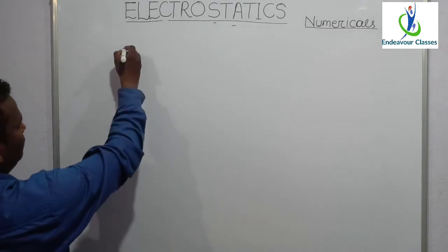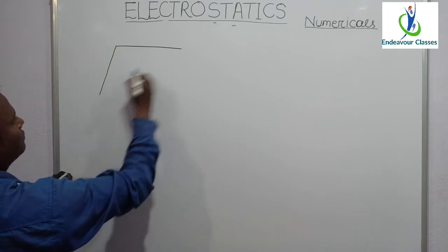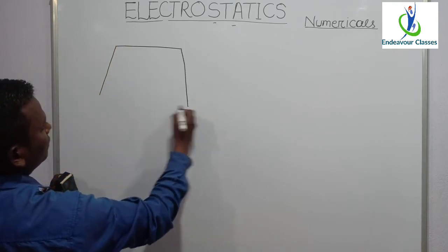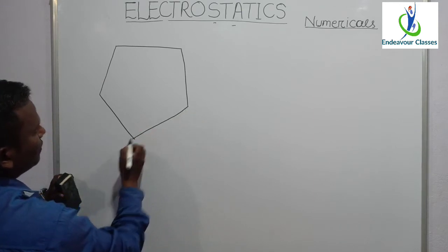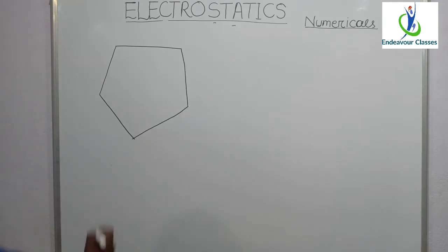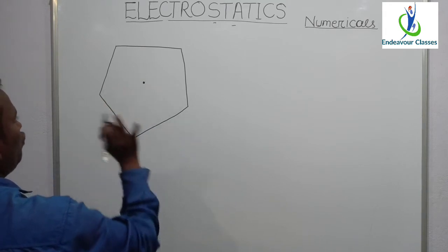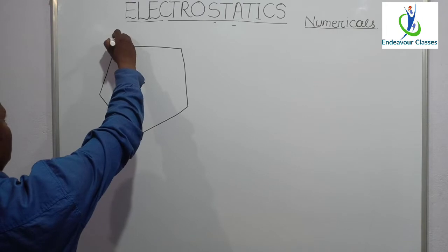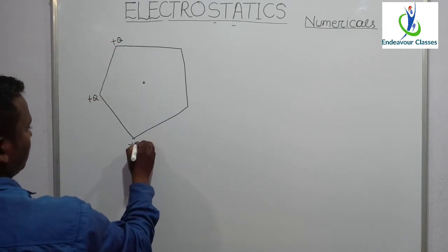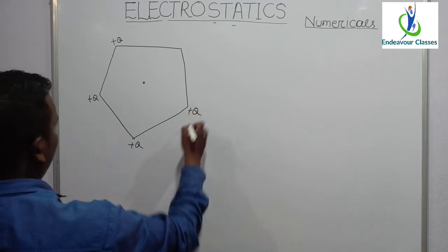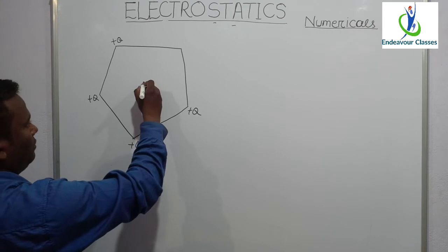You see, if you are given a pentagon and 4 charges, each of magnitude plus q, are located at the 4 corners of this pentagon.